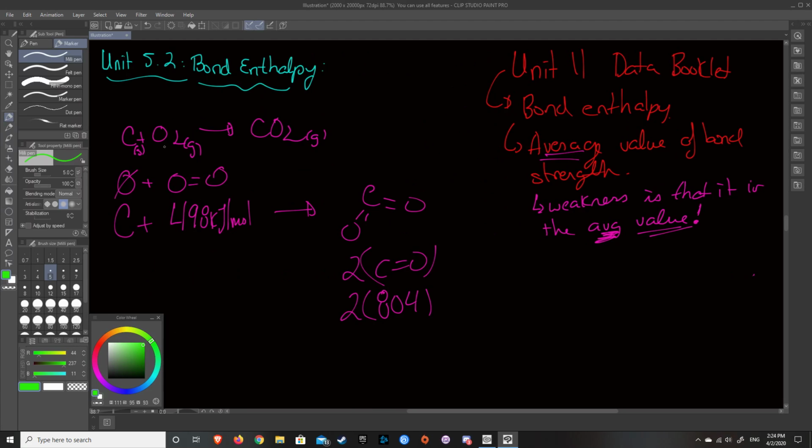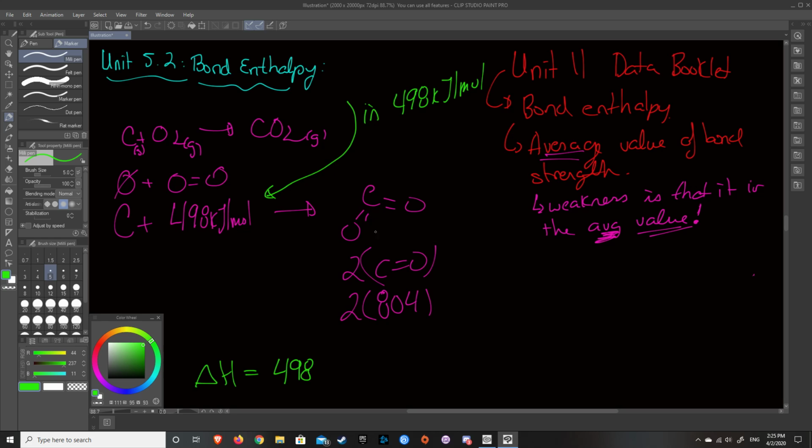In order to break this bond, we have to put in 498 kilojoules per mole. So our delta H, if we have a negative delta H, that's energy coming out. A positive delta H is energy going in. So we've got positive 498 kilojoules per mole because we needed to put the energy in.